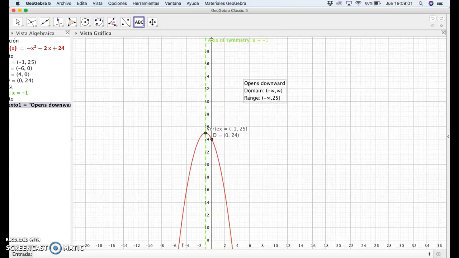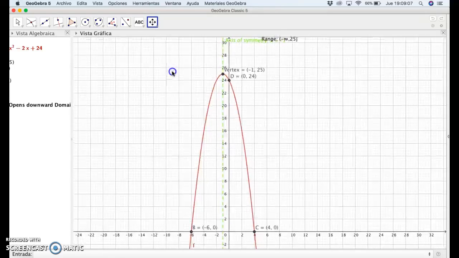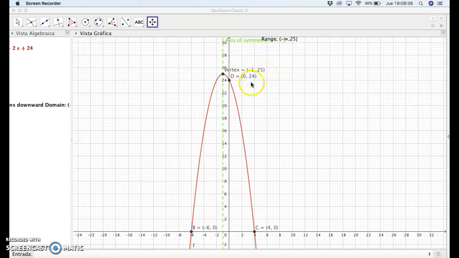And that's all for today. I think we're finished. We have our vertex, and remember, we got this minus 1 with the formula minus b over 2a. Then how can I get this 25? Well, it's easy.